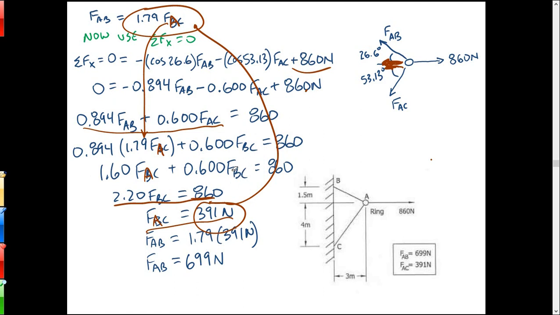There we go, and that should be 0.6 is, all right, this is all AC, right? There we go. Okay, that's all good now.